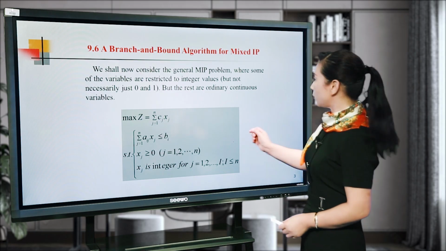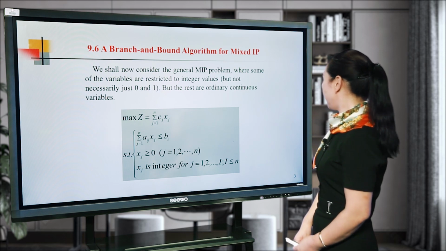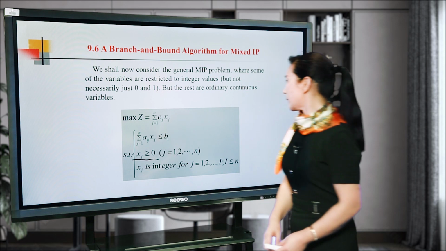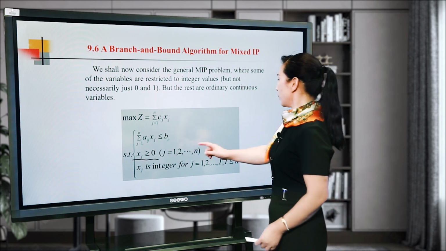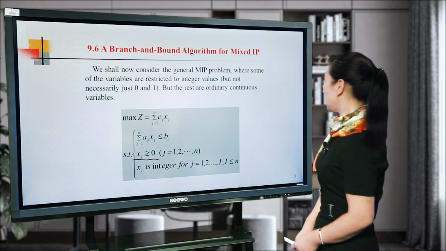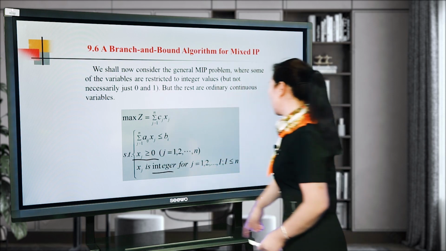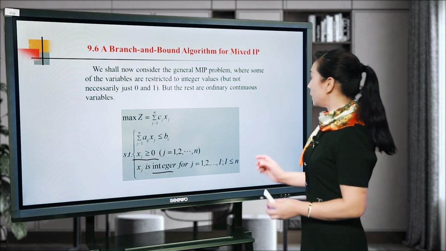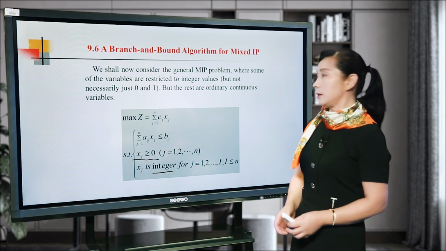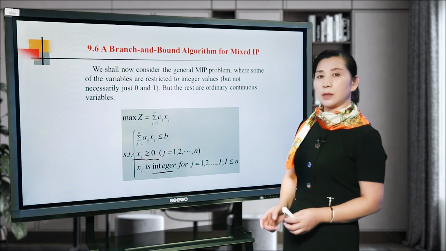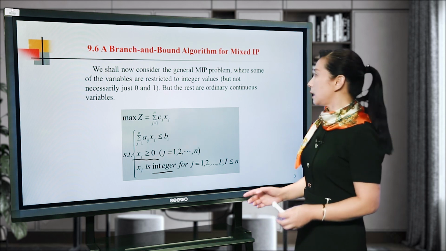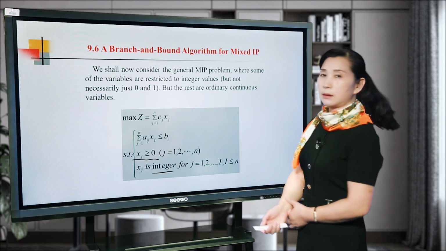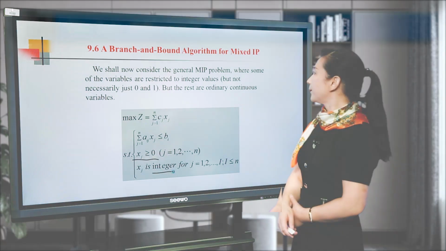For example, in this model, the decision variables j run from 1 to n, but the integer variables run from 1 to I. So in this model, some of the variables are integer, but the others are real numbers. This is the mixed IP problem.